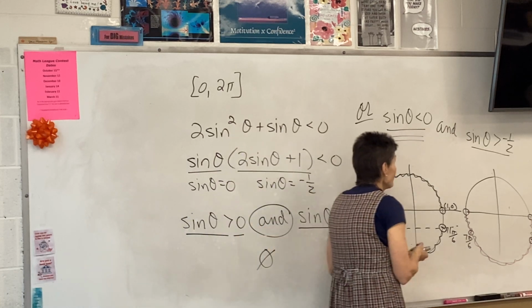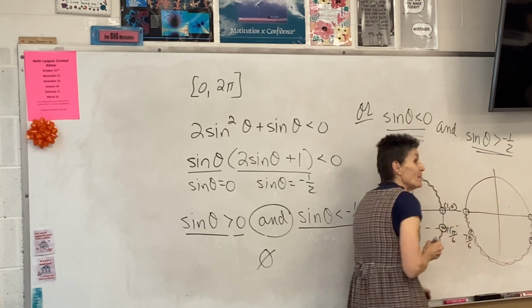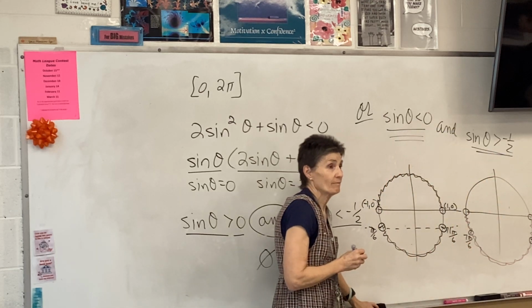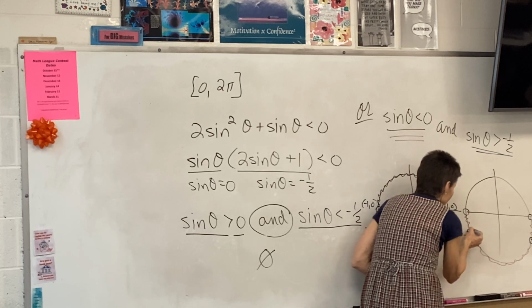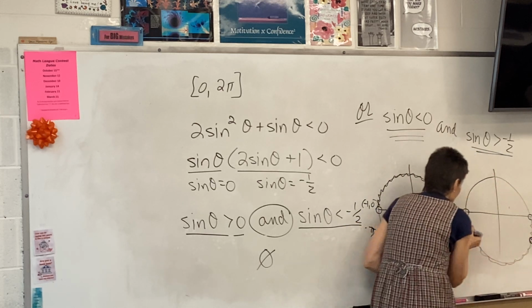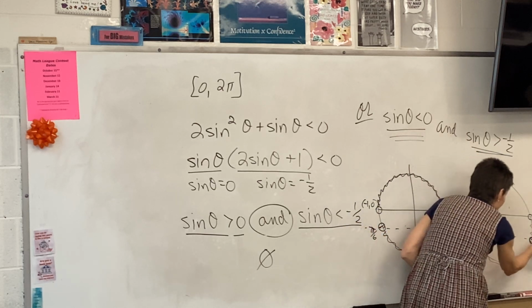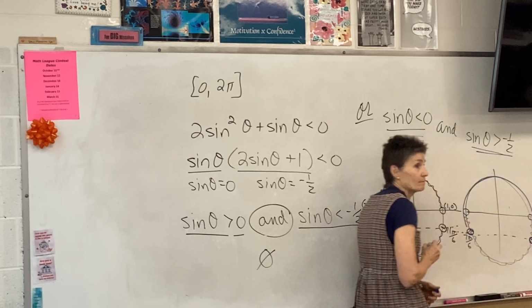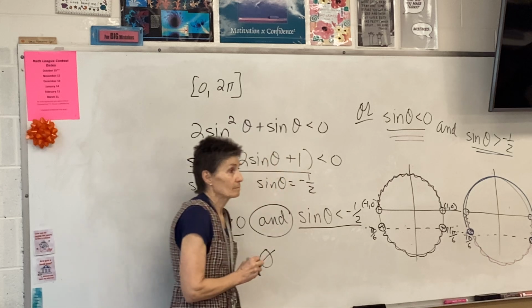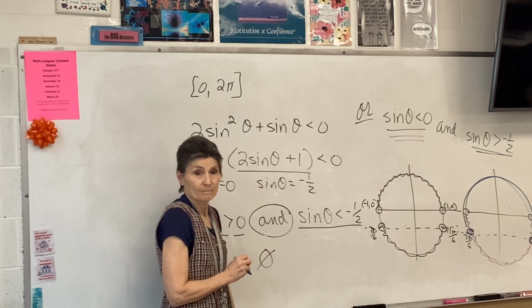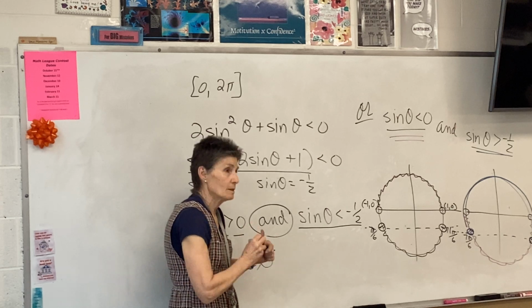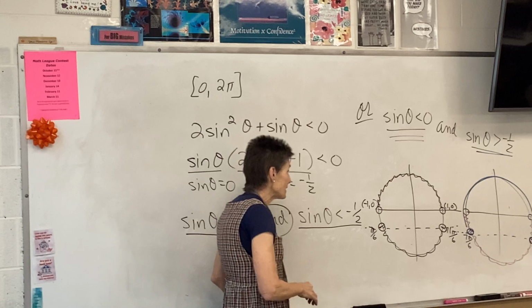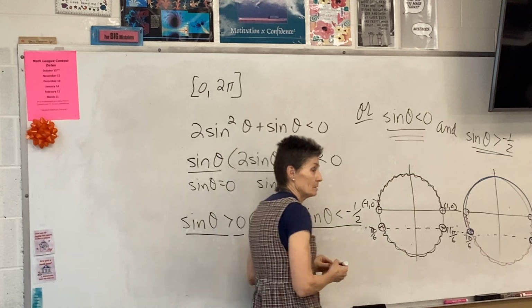But now I also have to be bigger than negative 1/2. Well, here's where we are negative 1/2. Here's my line. So doesn't bigger than mean all of this? So what are the answers? The answers are everything that's pink and blue.